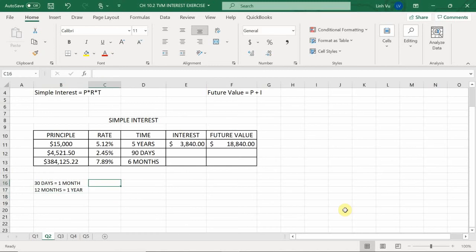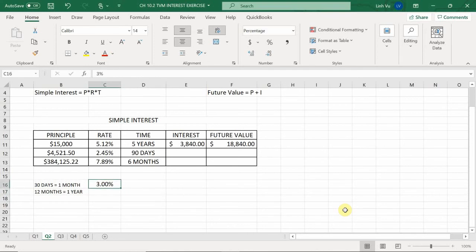In this case, how many months is 90 days? 3. 3 times 30 gives you 90. Now, 3 months out of 12. Let me type this in here. 90 days equals 3 months.